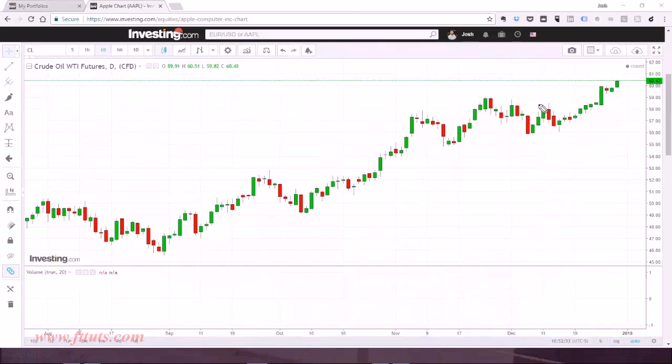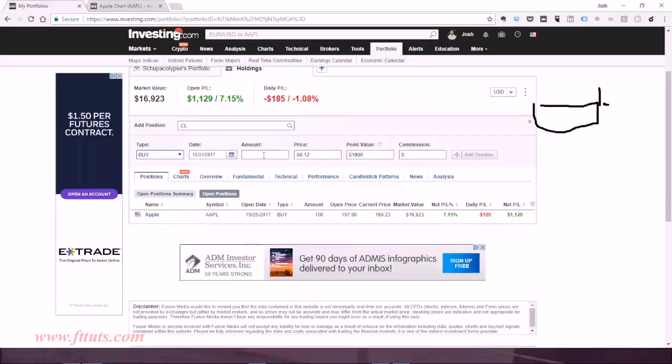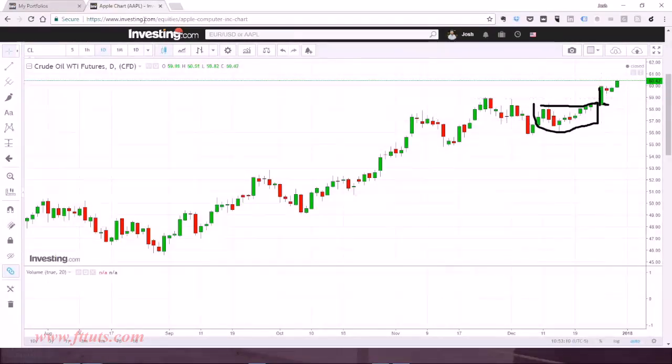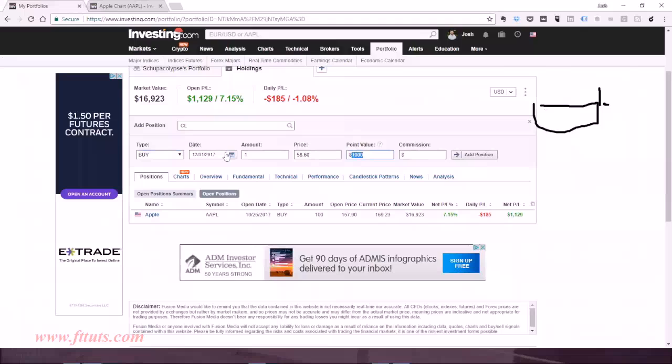So we saw multiple day sessions where we were at rest, and then here's the next move. So we got in at about 58.60, and we bought one contract, so one at 58.60 on the 26th. And we paid $250 for that one.